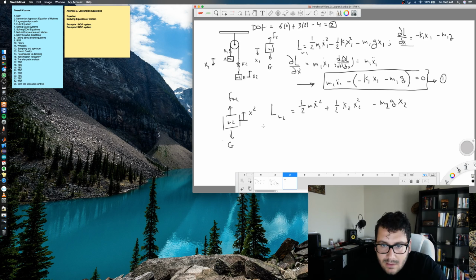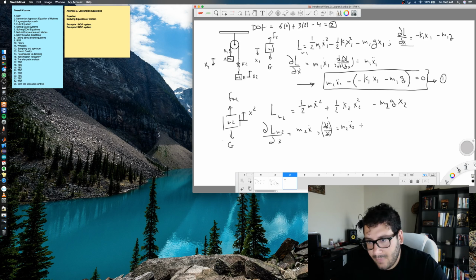Okay, so let us differentiate that. Partial L over partial x dot, I'm going to have m2 x dot, and then take that with respect to time, right? So that is going to equal m2 x2 double dot, your typical term.